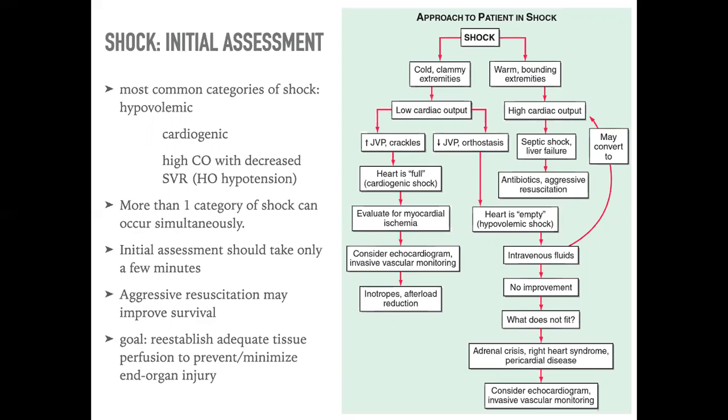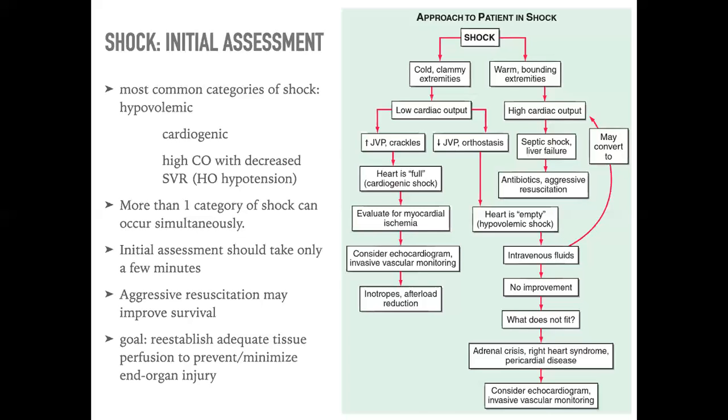So in the diagram in this same chapter in Harrison's, the approach to your patient with shock would again be guided by whether you are dealing with a low cardiac output or high cardiac output. If the patient presents cold with clammy extremities, then most likely you have a low cardiac output shock.